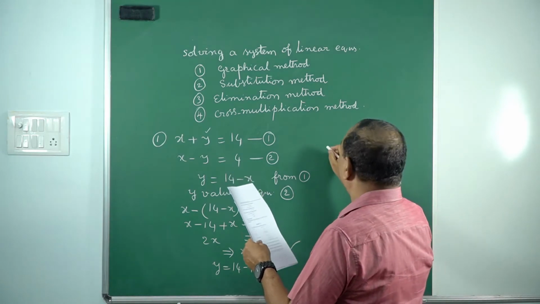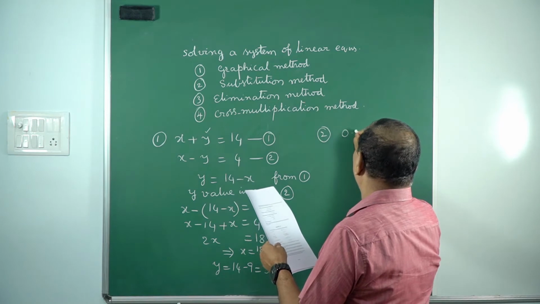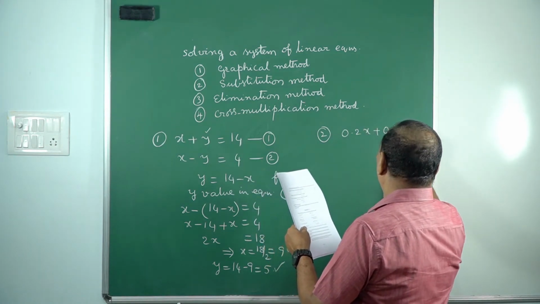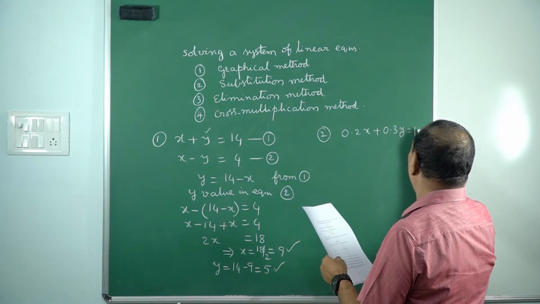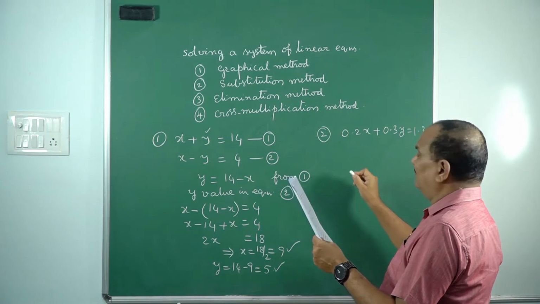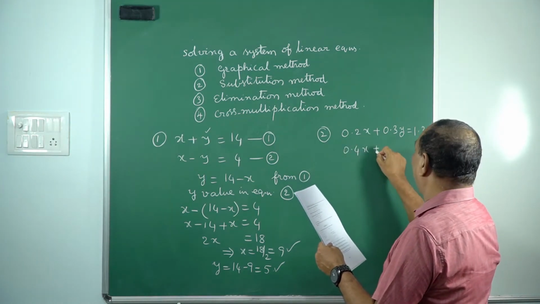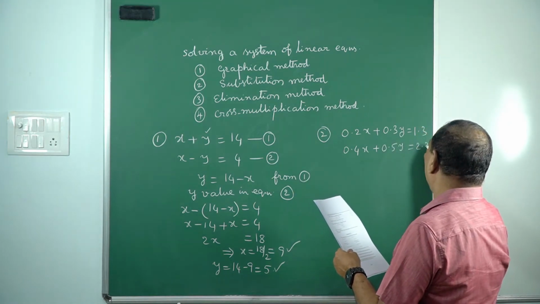My second question here: 0.2x plus 0.3y is equal to 1.3. And the second one, 0.4x plus 0.5y is equal to 2.3.